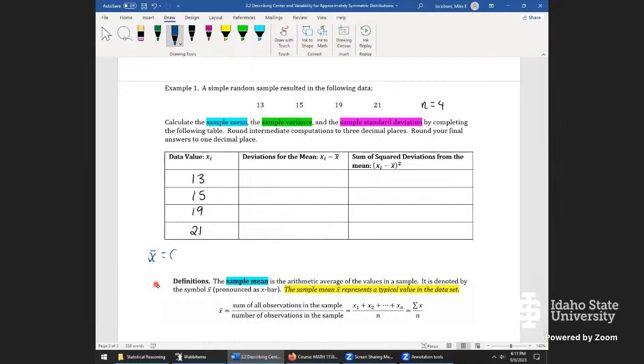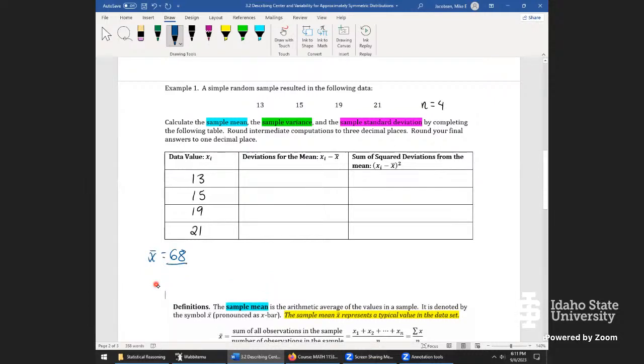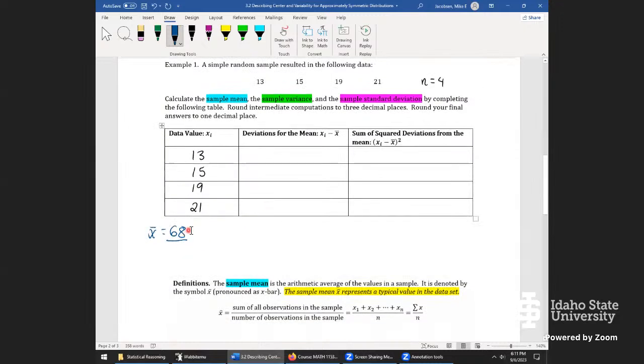X bar happens to be 68, or excuse me, yes, 68. Kind of confused myself, sorry about that. And it has a denominator. Anyone see what the denominator should be? Exactly, we go to the number of observations in the sample, which is n, and for us, that's just going to be the sample size of 4. So now we drop that in, and we just about have it, folks.